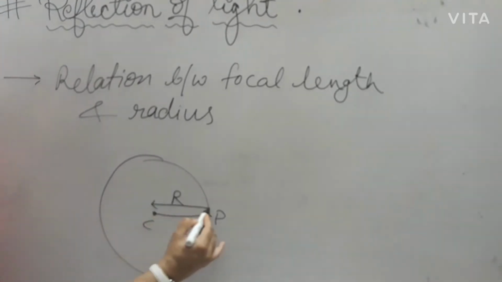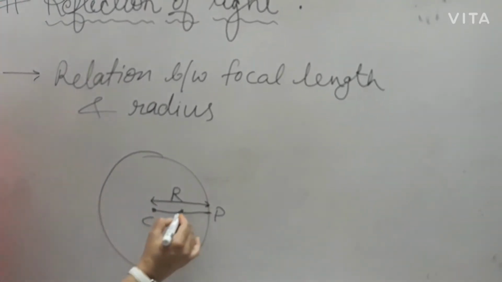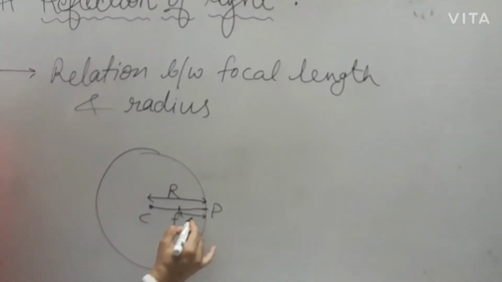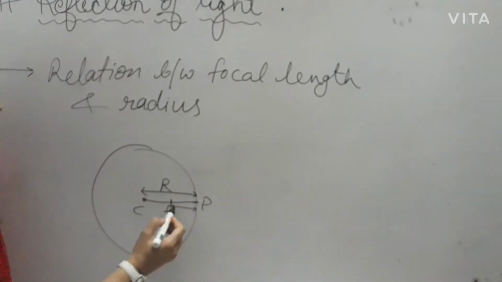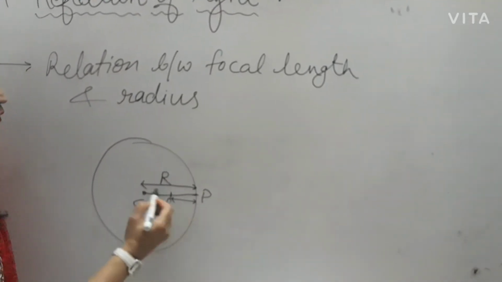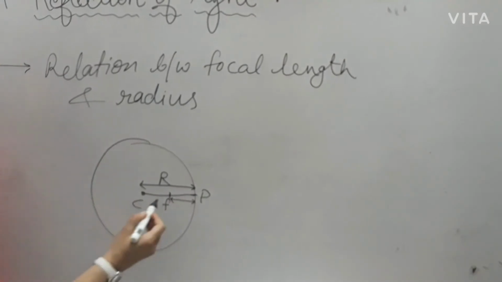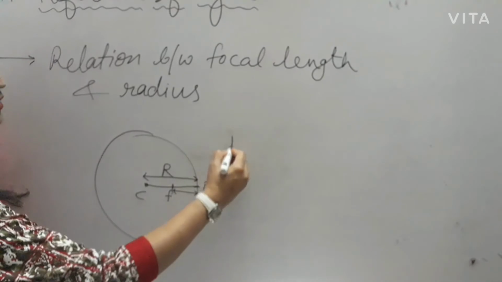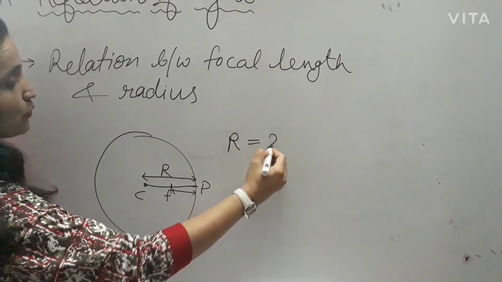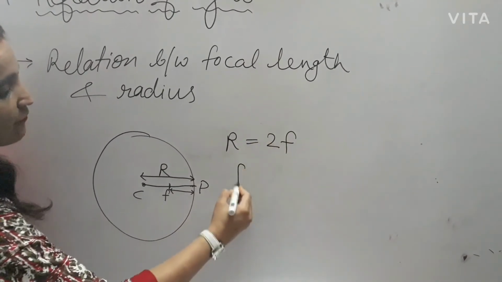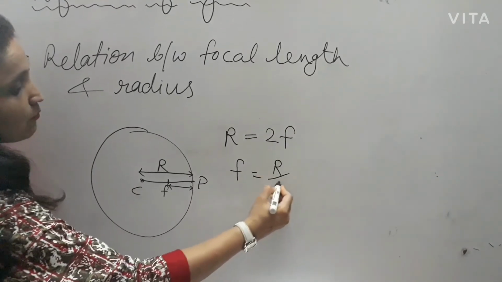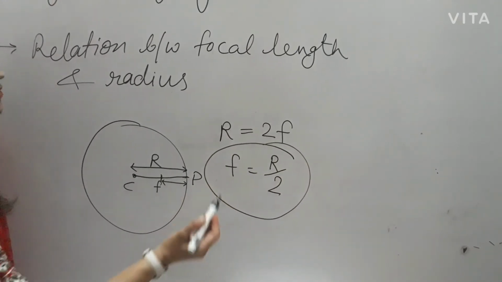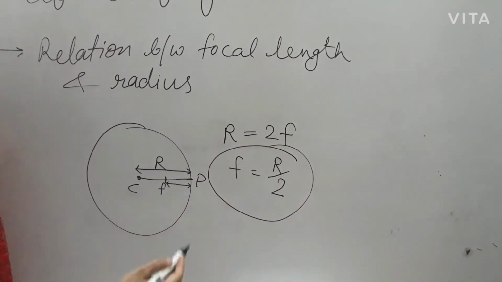The distance from pole to center is the radius, and the distance between the focus point and the pole is the focal length. The focal length is half of the radius, because F is the midpoint between P and C. So F will be equal to R upon 2. This is the relation between the focal length and radius: the focal length is half of the radius of the spherical mirror.